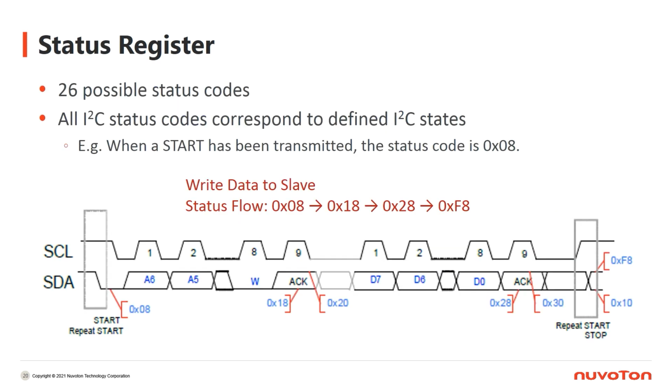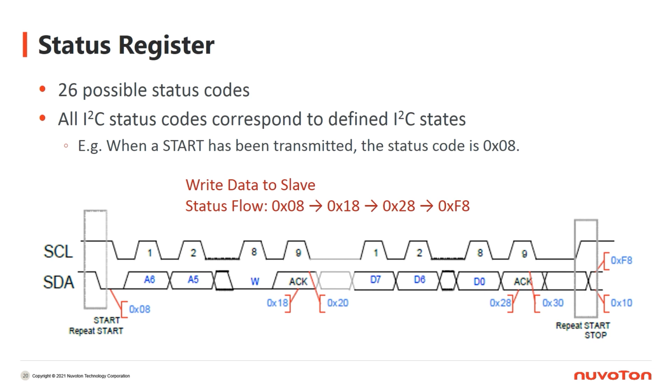There is a status register in I2C. It is used to show the state of I2C. The value of the status register will change stage by stage during the I2C processing. For example, when a start signal is sent, the status register will be changed to hex value 08.